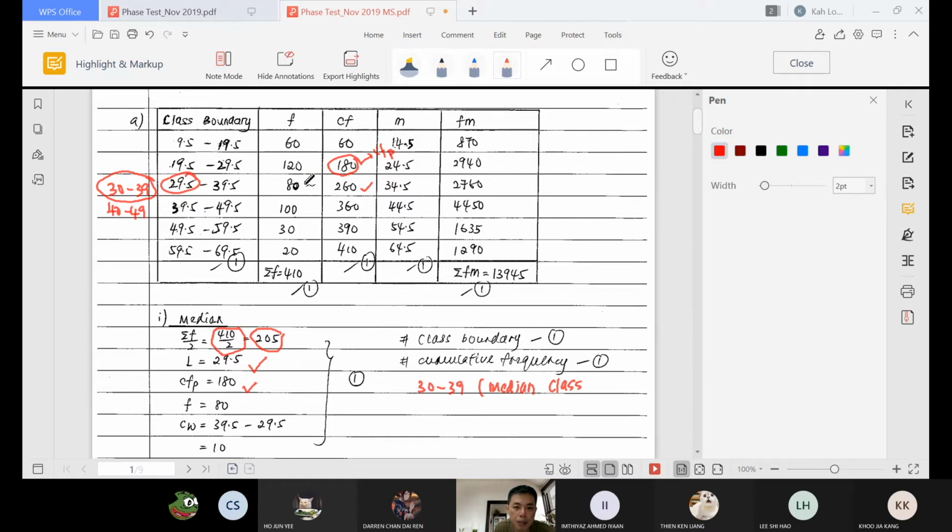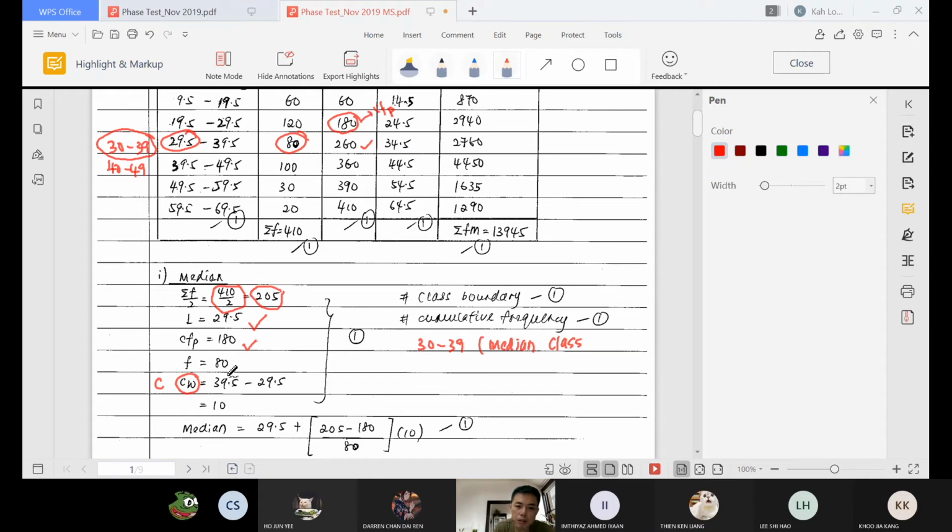Frequency for the median class is 80. Then you have to find the class width. Either you put C or CW, it is the same. So you take 39.5 minus 29.5, then you get 10. All these values you plug into the formula.